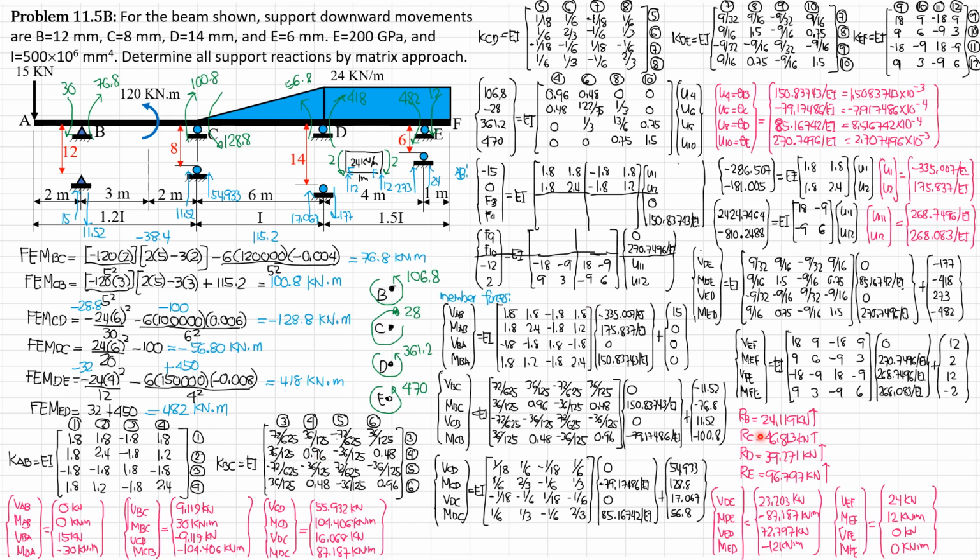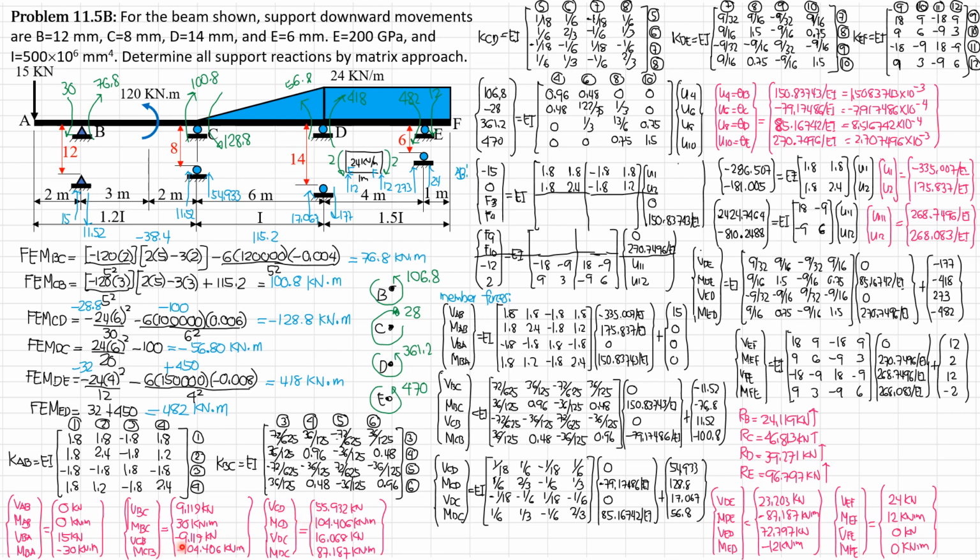Then if we compute for the reactions, RB, for example, is shear BA plus shear BC. Shear BA is 15 plus shear BC 9.119, which is 24.119 kilonewtons, the same as in the classical method. R sub C is shear CB plus shear CD.